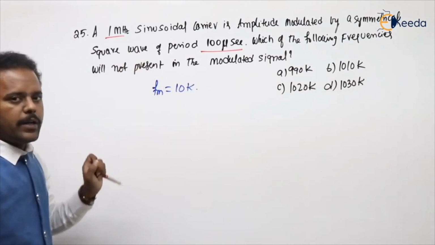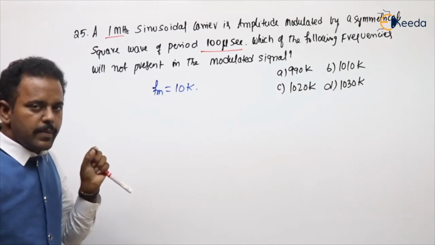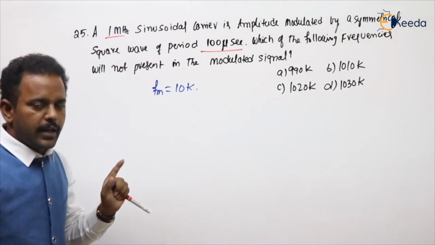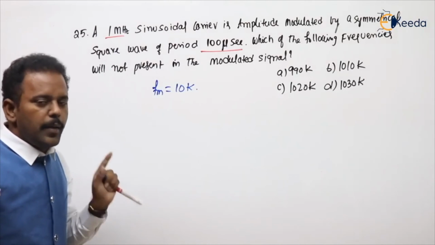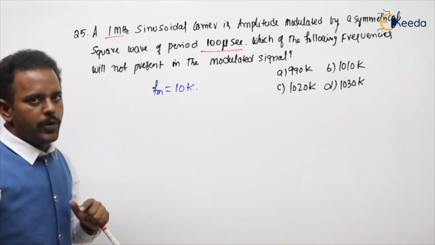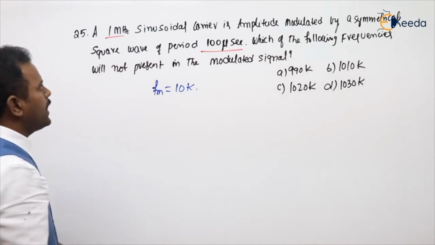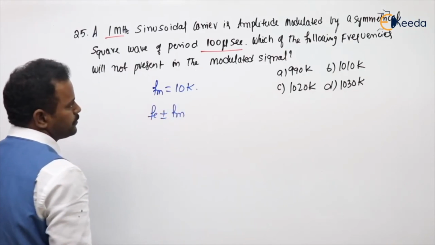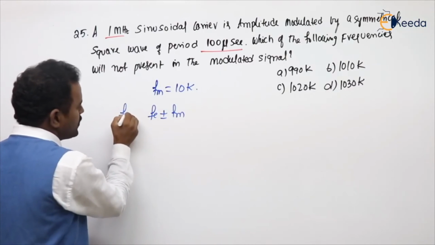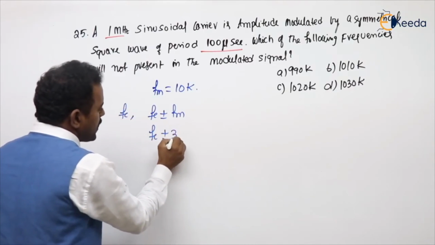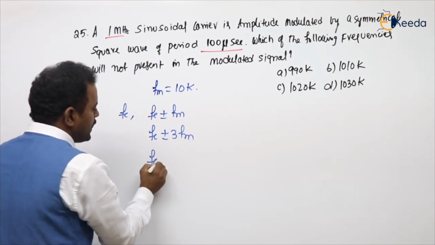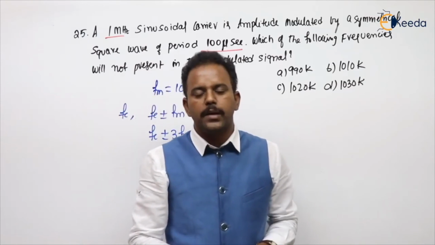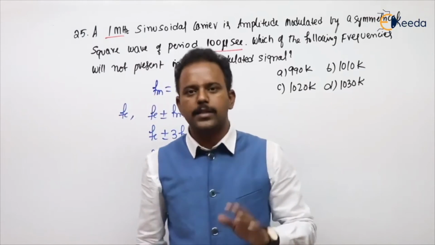And what is the property of the signal, you will clearly understand. A symmetrical square wave, as I told previously also, has half-wave symmetry. Because of that, no even harmonics. So in the modulated signal, you will have FC plus or minus FM. Anyhow, the FC carrier frequency is also there. FC plus or minus 3 FM will be there, FC plus or minus 5 FM will be there, because it is a half-wave symmetrical signal, no even harmonics.